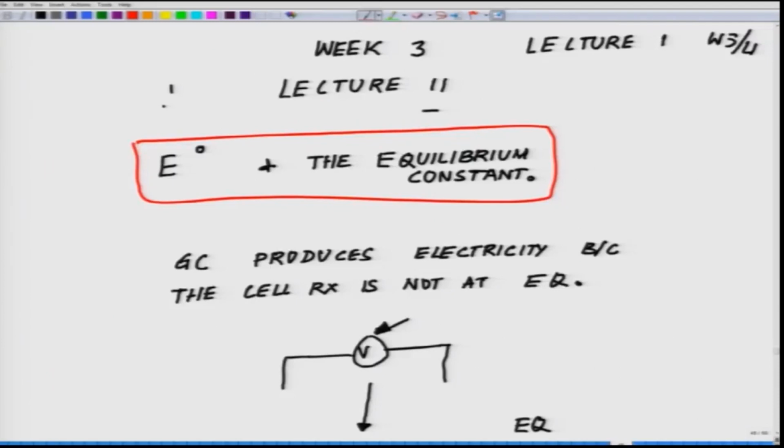The next thing I wish to establish is the cell as a chemical probe. So, here when we talk about the cell, we essentially mean the half cells, cells as chemical probes. What does that mean? I am coming to that.